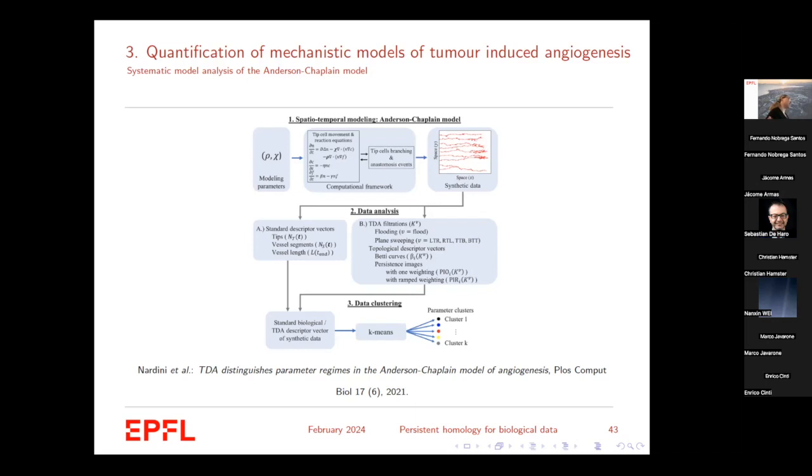And you can, for example, so we had a different project where we looked at topological descriptors and geometric descriptors, and we found that those could be predictive of how well a tumor responds to radiotherapy. Because a lot of the things depend on how your network is initially when you apply the radiotherapy. So there's a huge heterogeneity in response, and we looked at how topological descriptors could capture this heterogeneity.